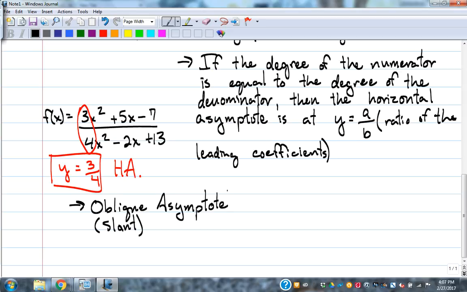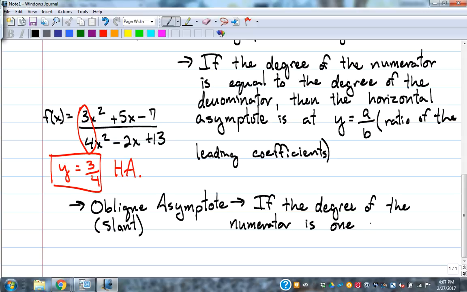It's the same thing. That only happens if the degree of the numerator is one more than the degree of the denominator.